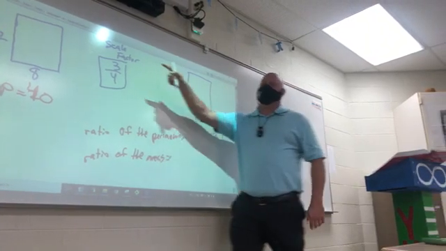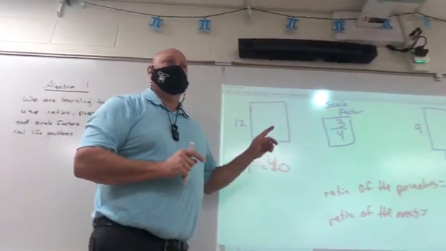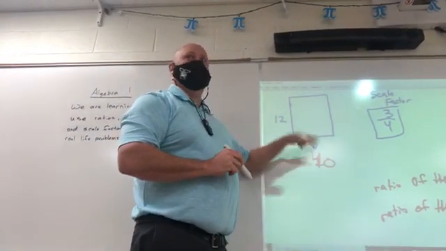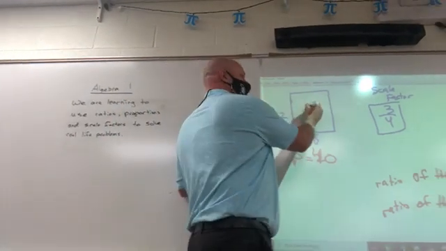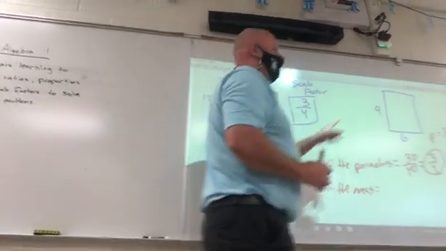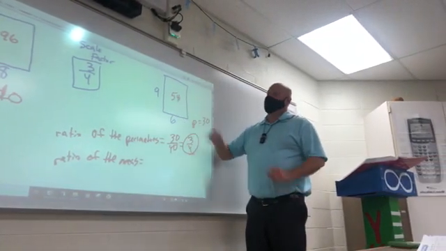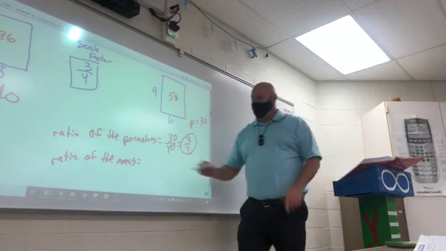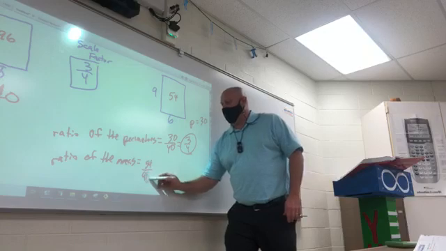Now, how would I find the area of this rectangle? Base times height. What's 12 times 8? 96. Okay. What's 9 times 6? 54.